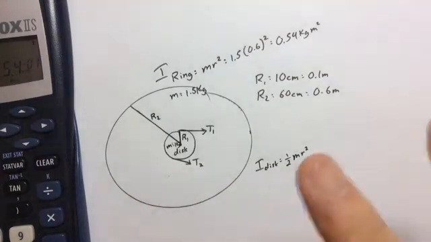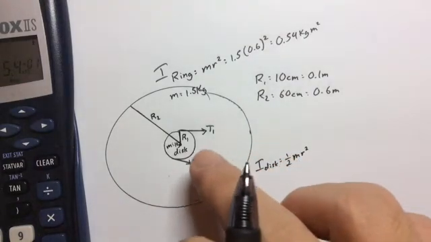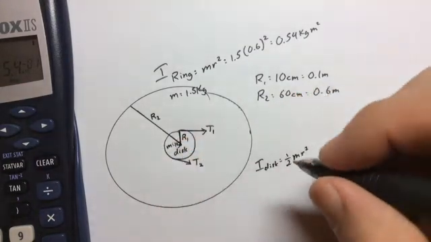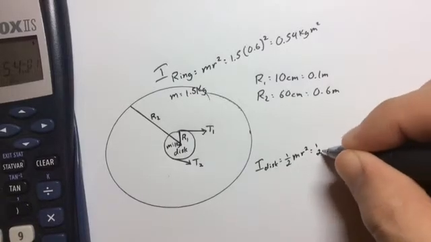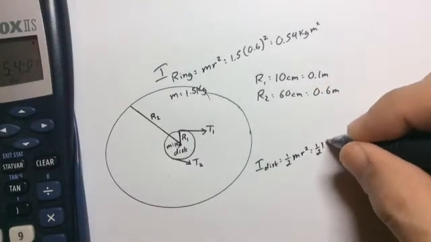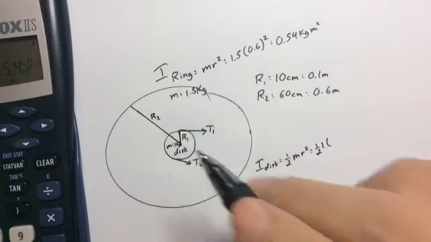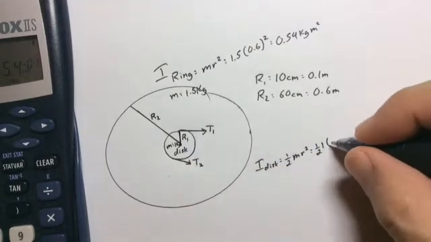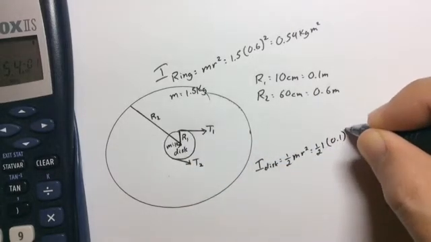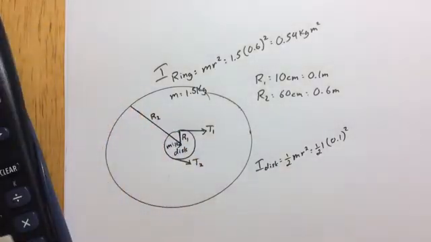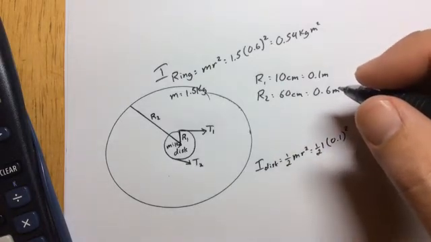Now we got to be careful which m and which r we're talking about. We're talking about the mass of this disc. So we have 1/2, the mass of the disc we just said was 1 kilogram, and the radius of that disc is r1. That's going to be 0.1 meters, and we're going to square that. And so I take 0.1, I'm going to square it, I'm going to divide it by 2, and I get about 0.005.